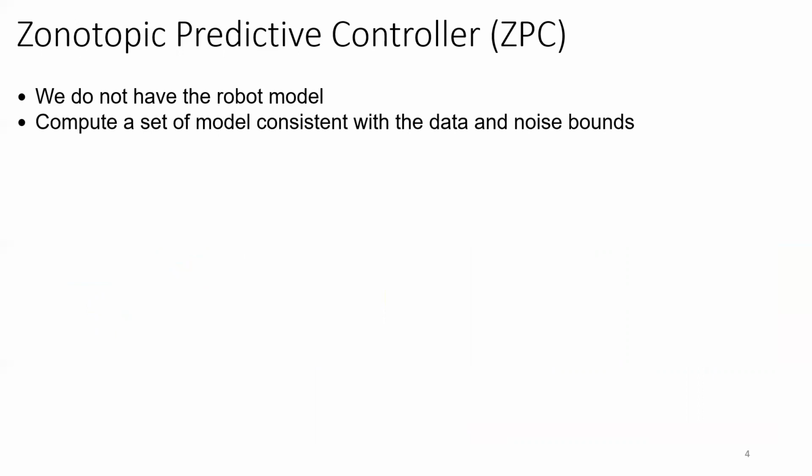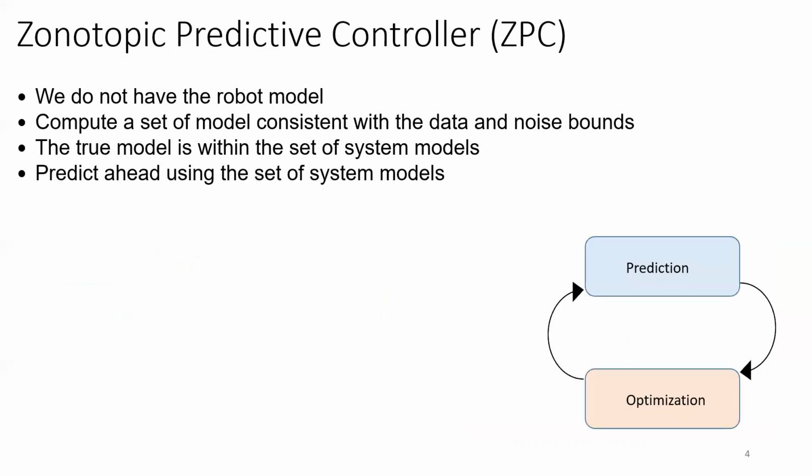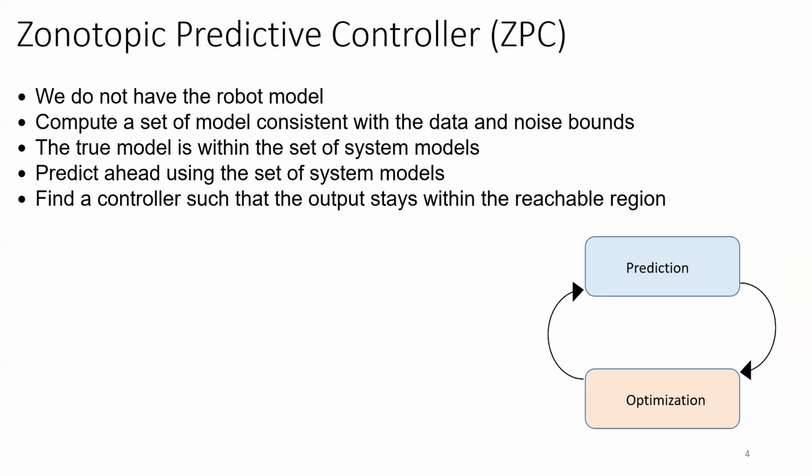Instead, we compute a set of models consistent with the data and the noise bound. We guarantee that the true model is inside the set of models. And we predict ahead using the set of models computed from data. And we find a controller such that the output stays within the reachable region computed from the set of models.